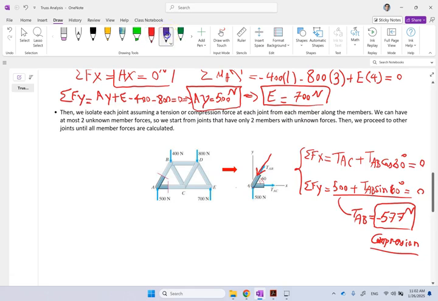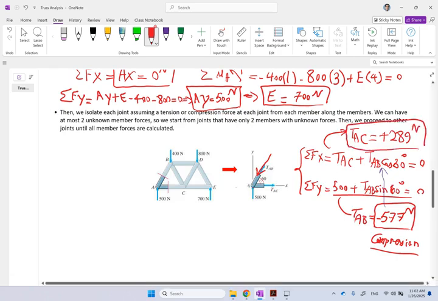Then you plug it into the top one. So you plug this right up here and then solve for TAC. And if you solve for TAC, you are going to get positive 289 Newton. What does positive mean?